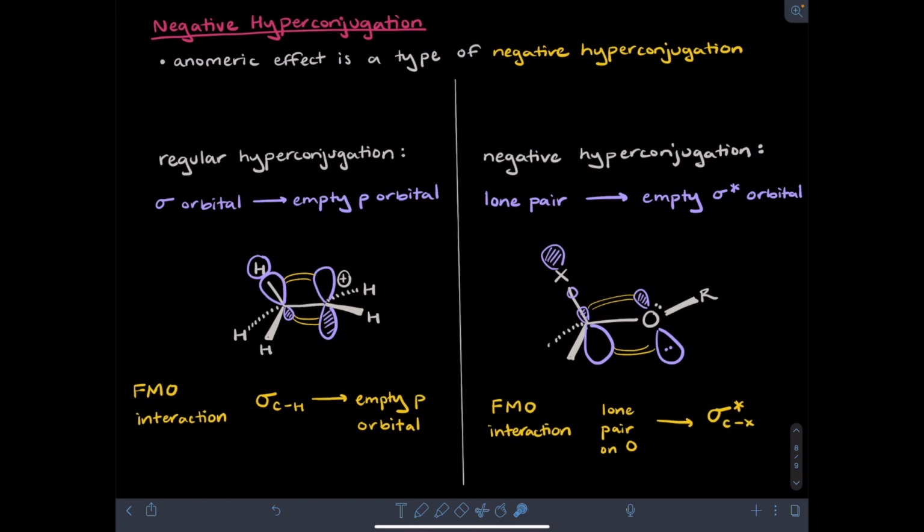In order to have this orbital donate into the sigma star of the carbon X bond, I put the X group 180 degrees away from this oxygen lone pair. This puts the large lobe of my sigma star orbital, that's on the back side of carbon, close in space to the large lobe of oxygen's lone pair. A similarity here is that I have a filled orbital donating into an empty one in a way that stabilizes my molecule.